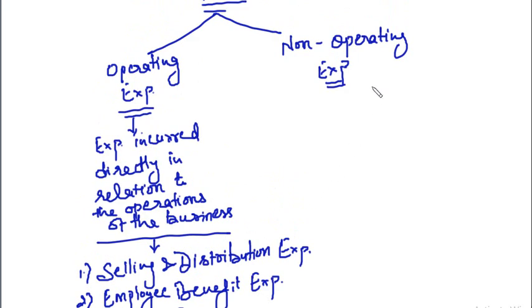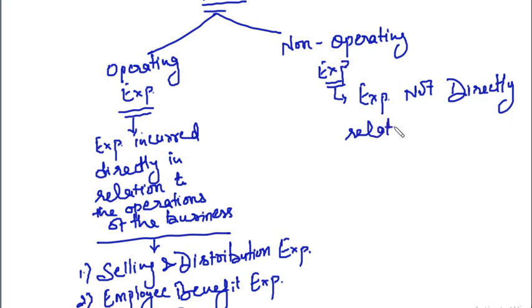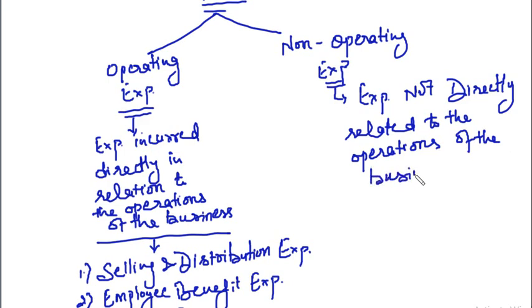And what are the non-operating expenses? By now you must have understood what are the non-operating expenses. Expenses not directly related to the operations of the business. Any expenses which are not directly related to the operations of the business, those are known as non-operating expenses.